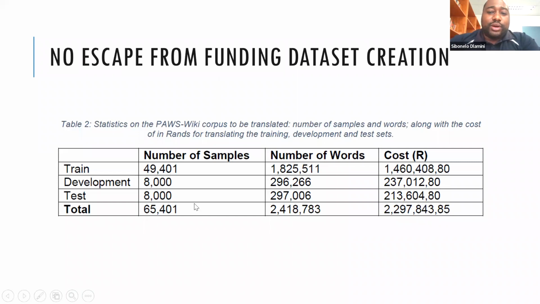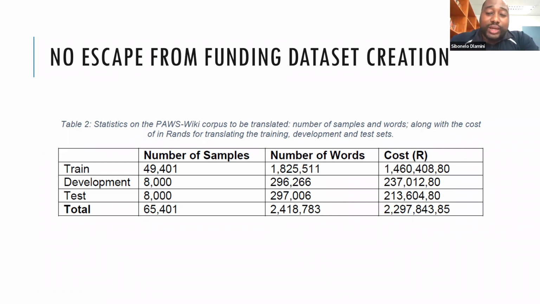And you can see here the total number of samples is 65,401. And each sample is made up of sentence A, sentence B, and then an annotation that indicates whether they are paraphrases or not. So you've got 65,000 of those samples, and that's 2.4 million words.